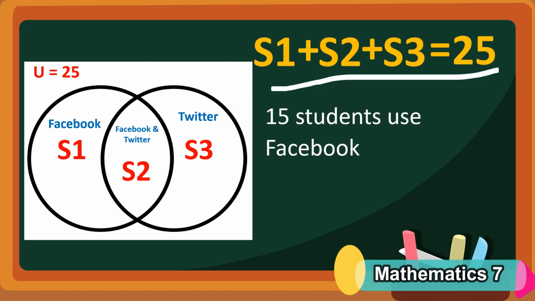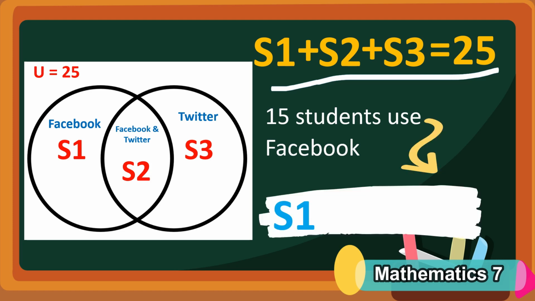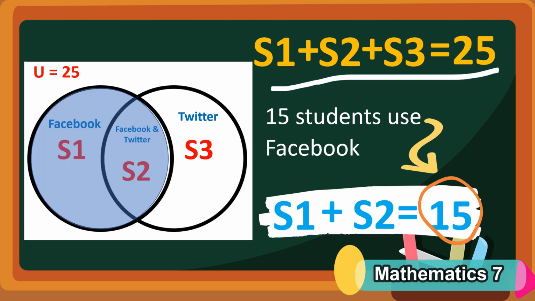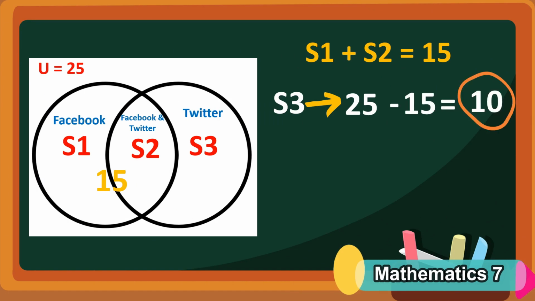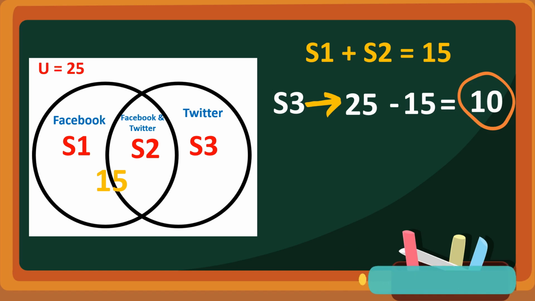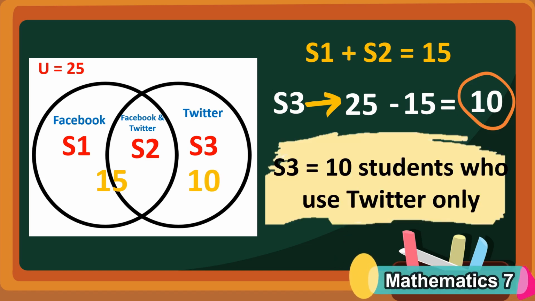We know that 15 students use Facebook, so S1 plus S2 is equal to 15. To get S3, we can subtract 15 from 25. The answer is 10. Therefore, S3 is equal to 10 students who use Twitter only.